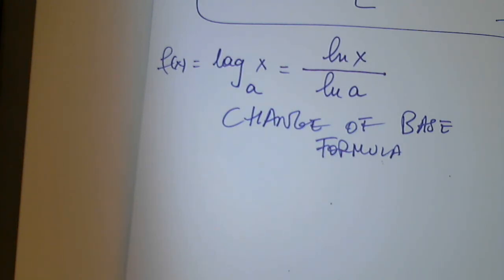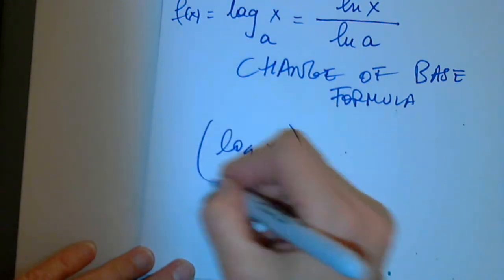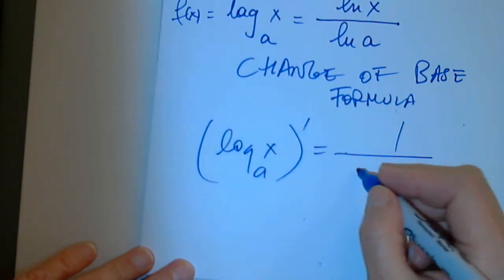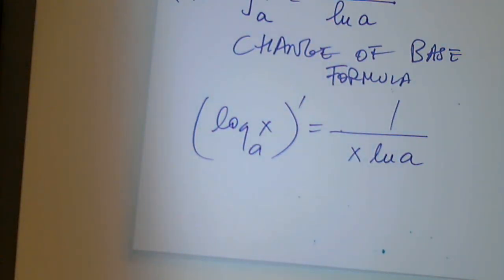It's 1 over x natural log a. So log base a of x prime is 1 over x natural log a. Because 1 over natural log a is just a constant, it stays outside, and when I differentiate natural log, I have 1 over x.